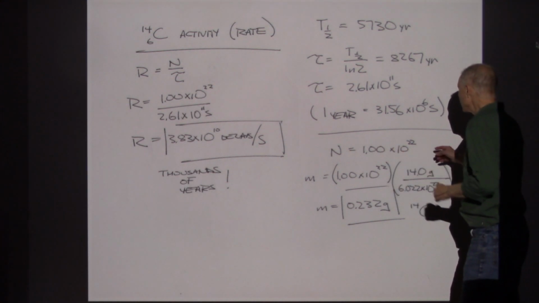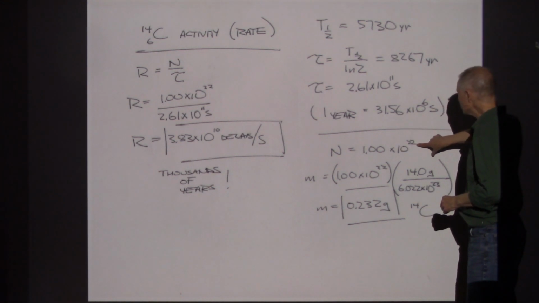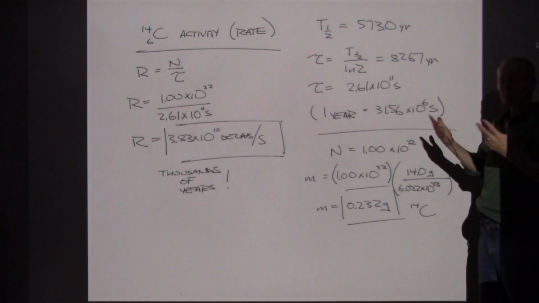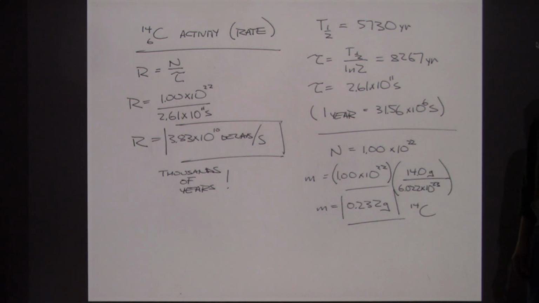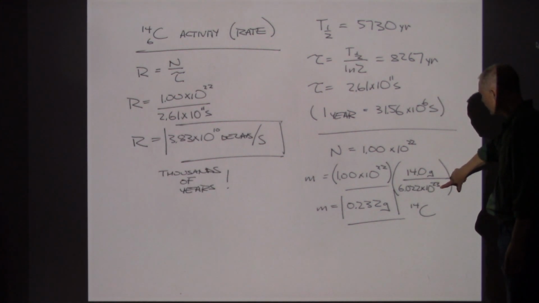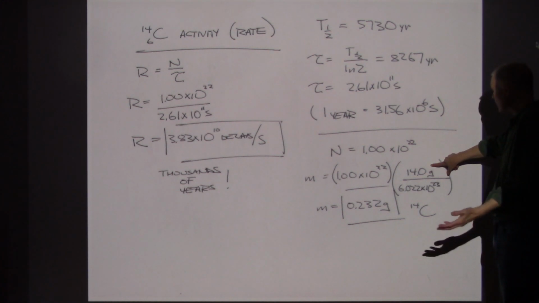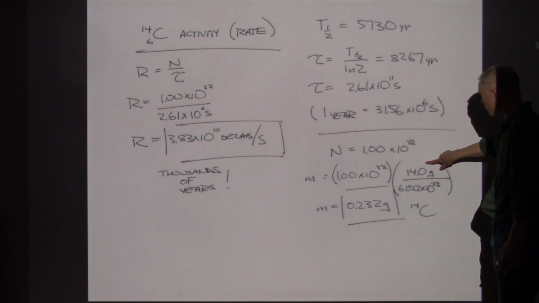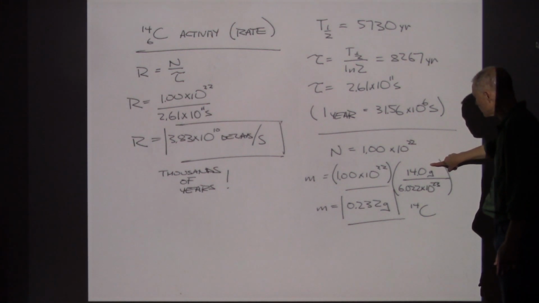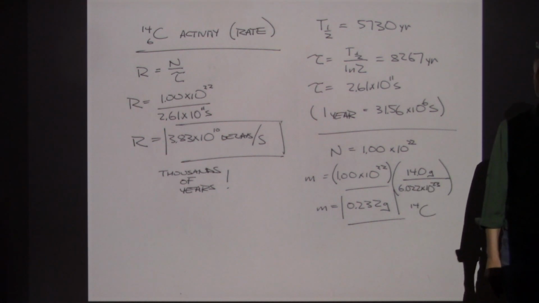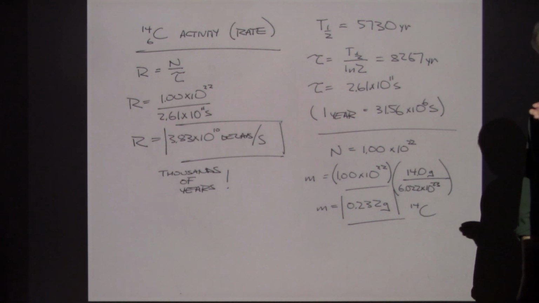So let's calculate that. If I take 10^22 atoms of carbon-14, how much mass would that be? How large is my carbon-14 sample? And for that I can use Avogadro's number, and since it's carbon-14, the molar mass that I want to use is 14 grams per mole, and it's only 2/10 of a gram. So I've got this sample of carbon-14, it's 2/10 of a gram.